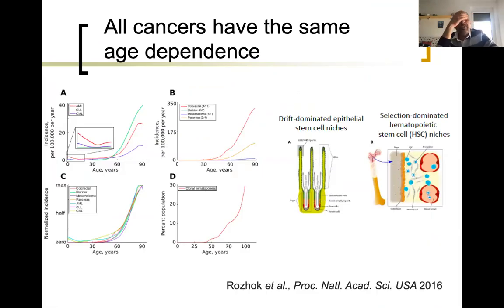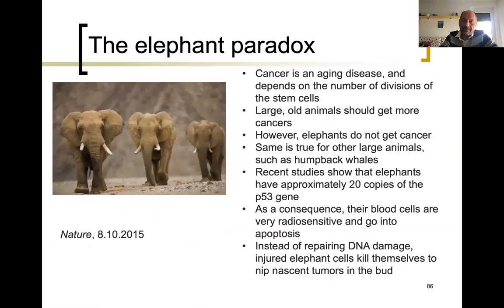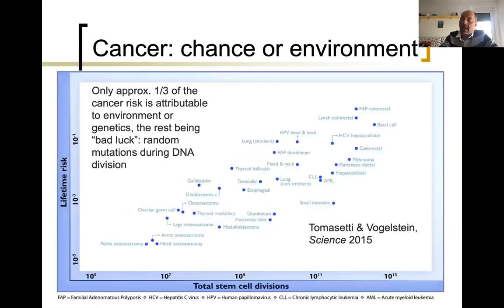And you see, all these things together make us wonder whether this model of accumulation of mutations causing cancer is correct. For example, this graph here is very nice. It shows that if you have a tissue with high stem cell division, you have more risk of cancer than a tissue like the bone with a low level.